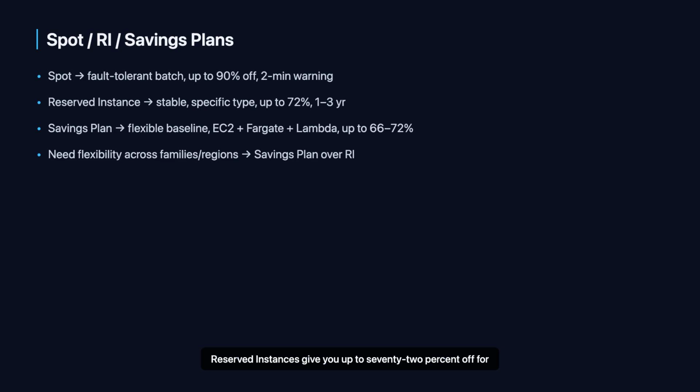Reserved instances give you up to 72% off for a stable, predictable workload on a specific type over a 1 or 3 year term. Savings plans commit dollars per hour and flex across EC2, Fargate, and Lambda. When the scenario needs flexibility across families or regions, reach for a savings plan over a reserved instance.